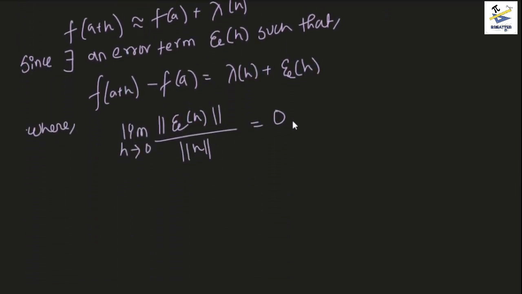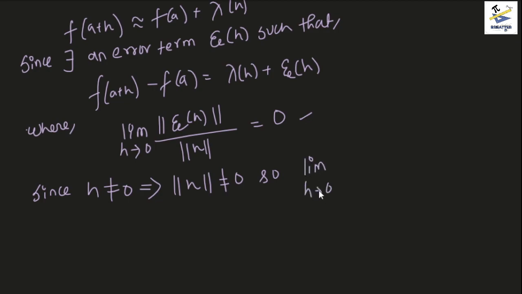Now from this limit it is pretty much clear that this is a conclusion we can make, and this conclusion gives us a way to frame that the error term goes to 0, the norm of the error term goes to 0, right?